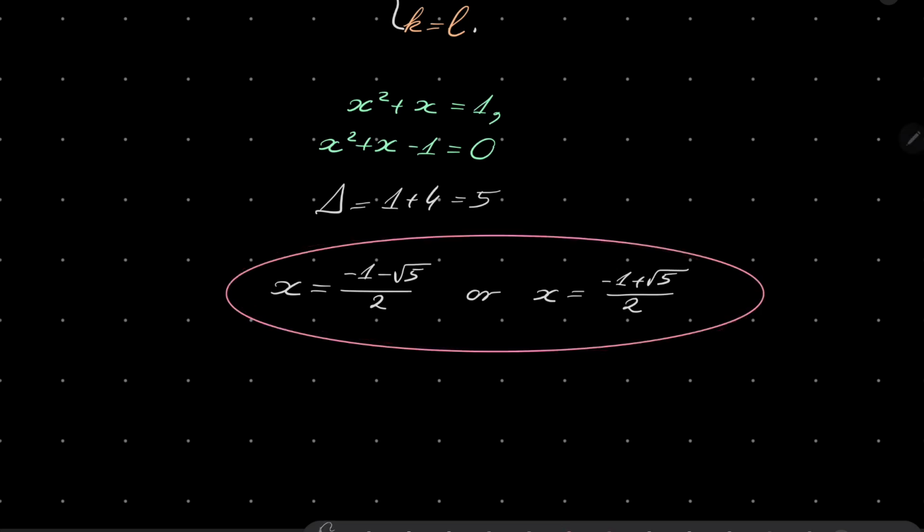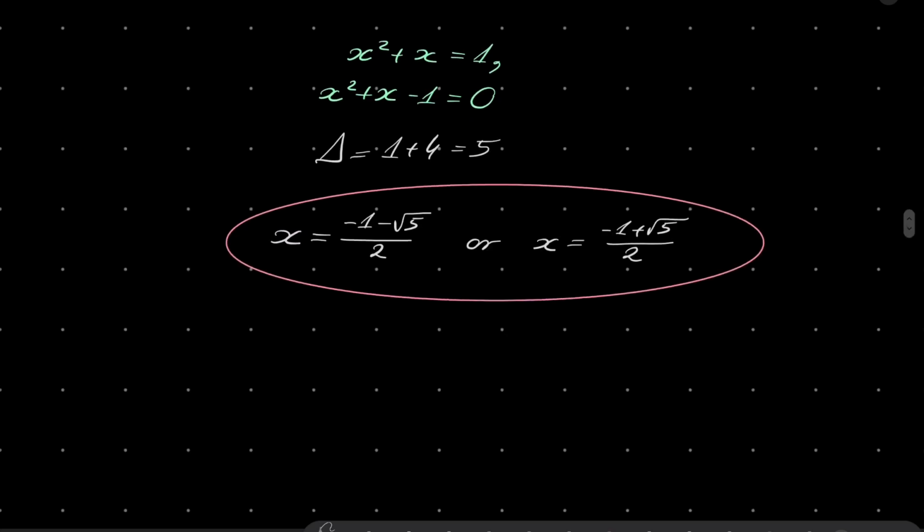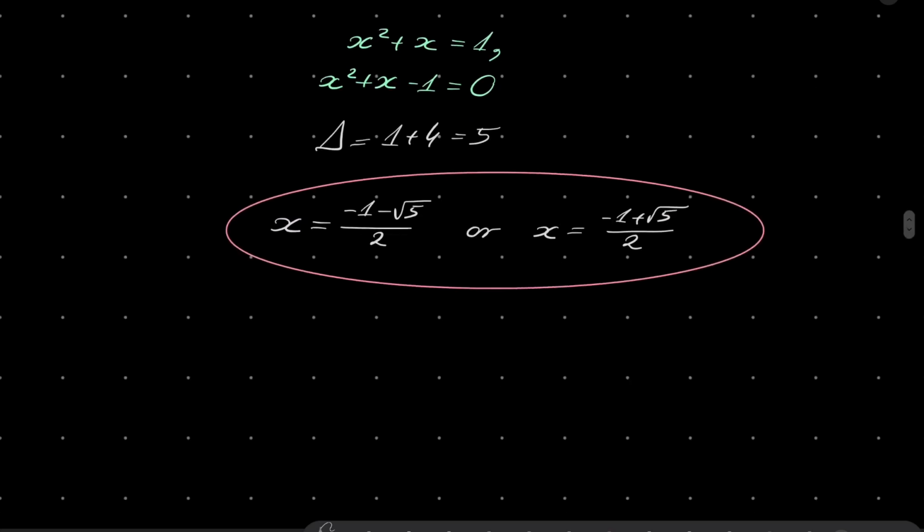Well, you know what? We can verify the second equation as well. Let's do it. So x cubed plus 2x squared should be 1. Notice that it's x squared times x plus 2. We know that x squared is 1 minus x. So it's 1 minus x, times x plus 2.